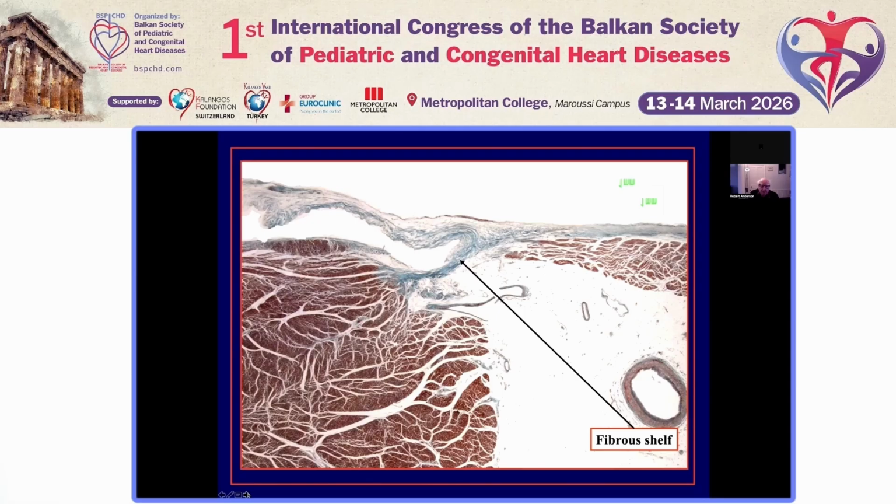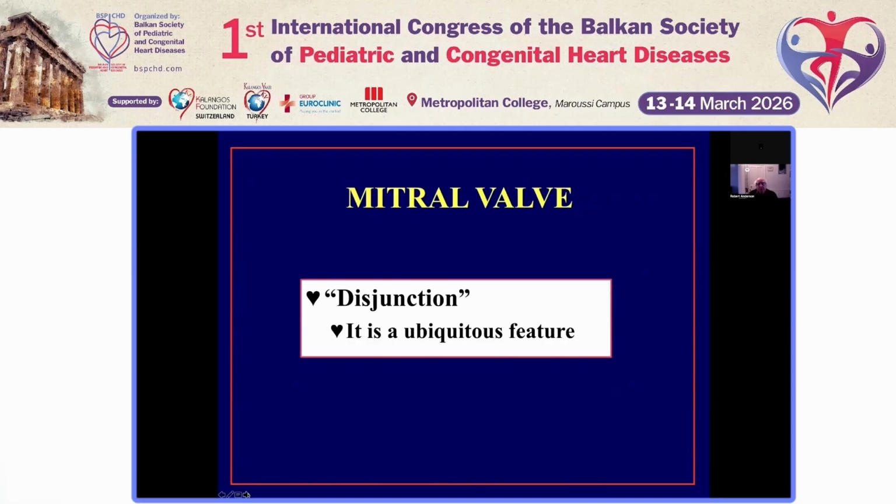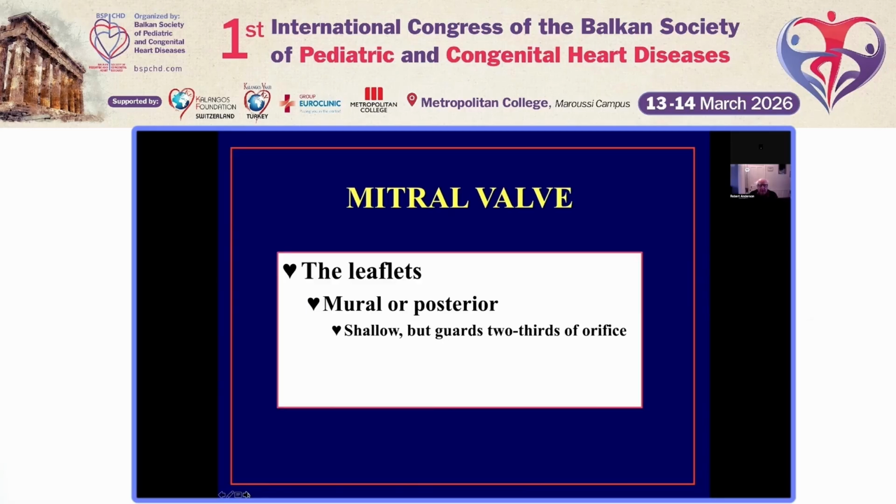And this has become somewhat controversial because this finding is ubiquitous. But nowadays it's achieved attention as disjunction. Whether it is significant still has to be established, but believe me, if you look in detail, you can find some degree of disjunction in every mitral valve. We don't have time to go into that controversy, so let's move on and look at the leaflets.